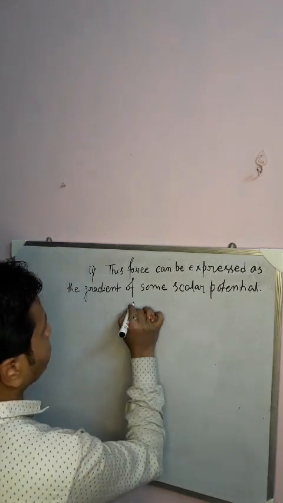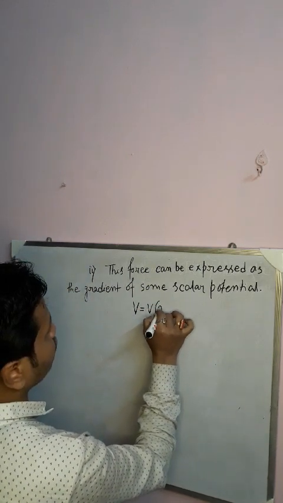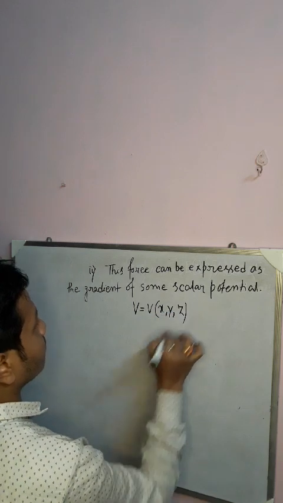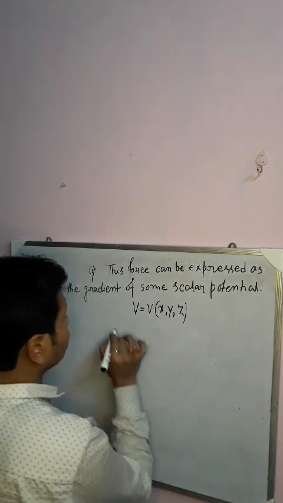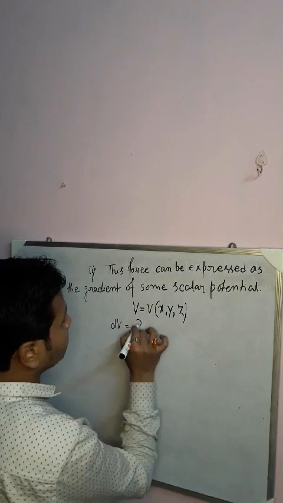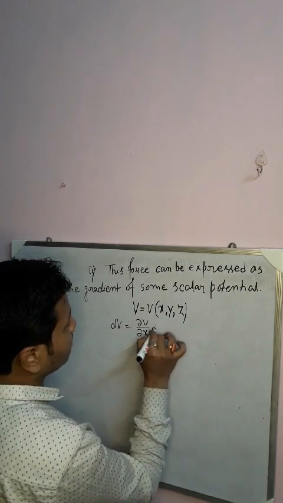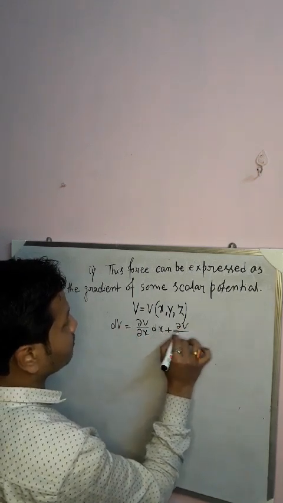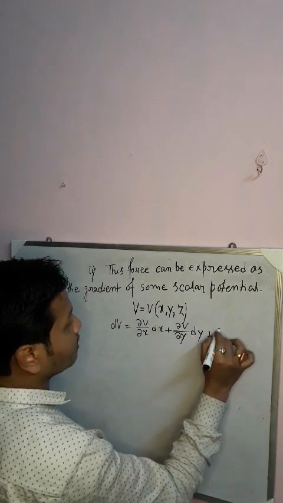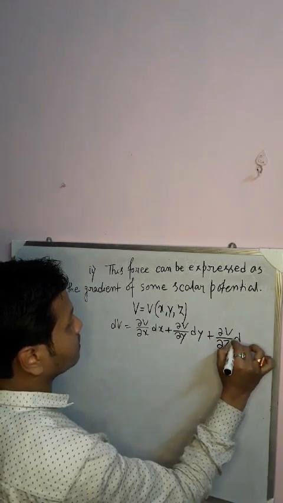Now we all know that potential energy is a function of position coordinates. Since dV is a perfect differential, we can write dV as del V del x dx, del V del y dy, del V del z dz.